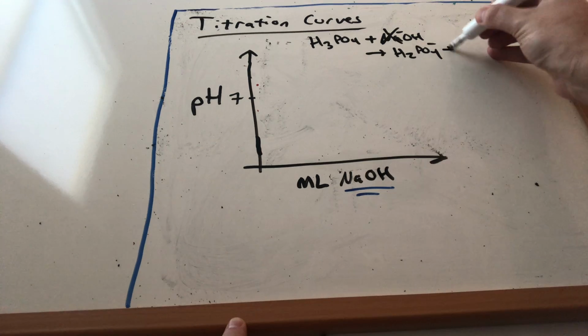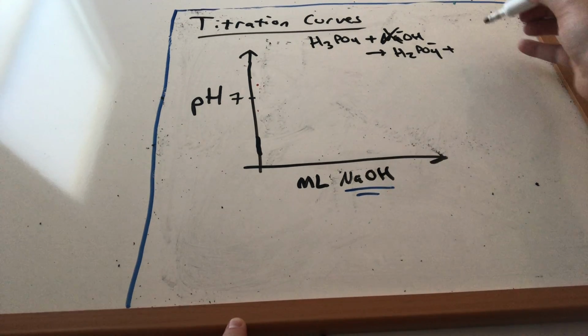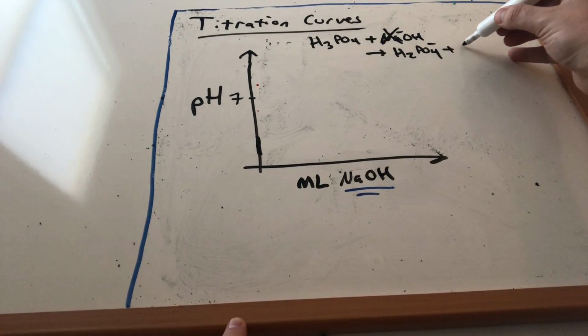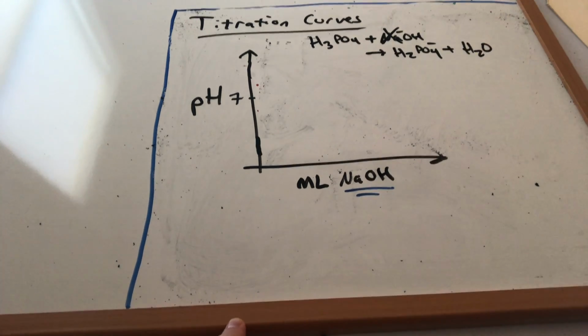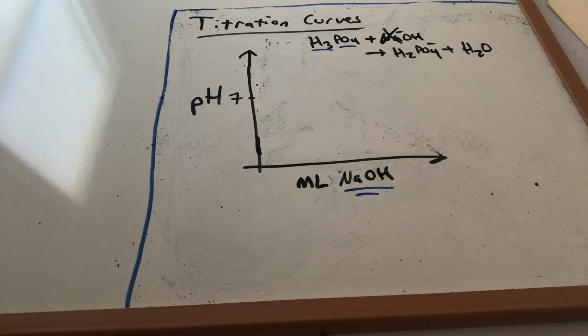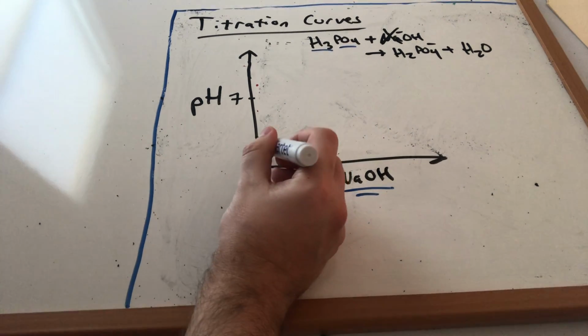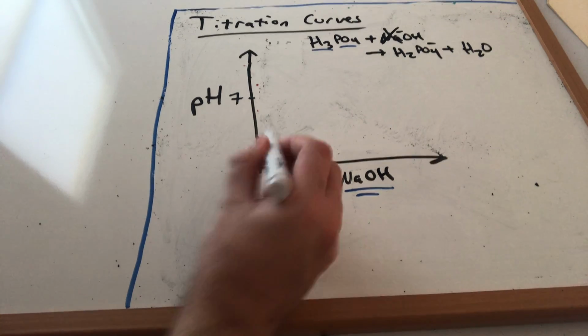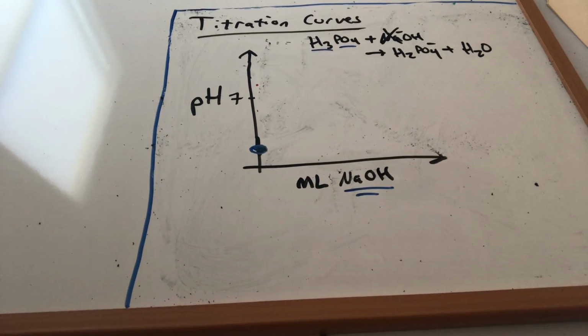So I'm going to make H2PO4- and I'm going to make H2O. That's the strong reaction that's occurring here. I'm starting with this acid, and so I know I'm starting down here, and down here I have H3PO4.